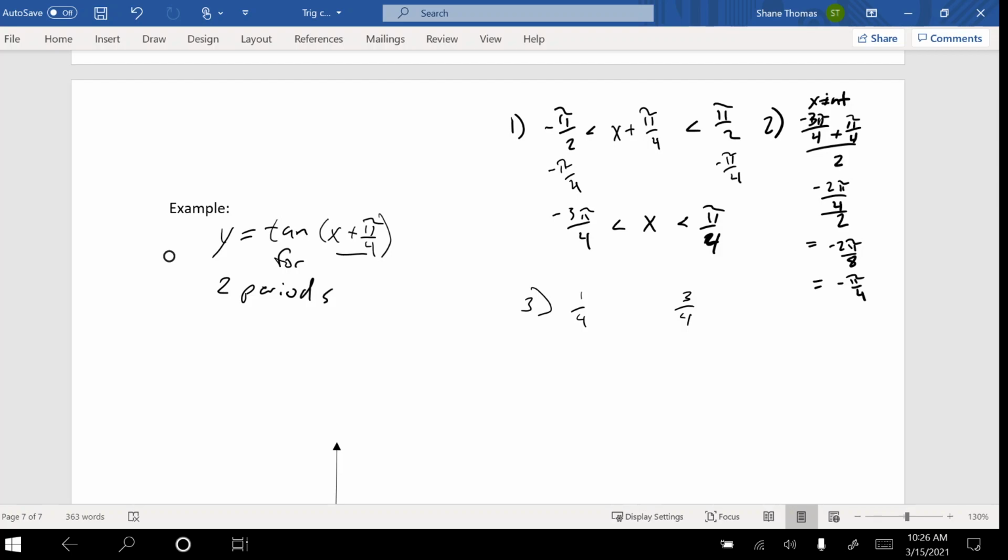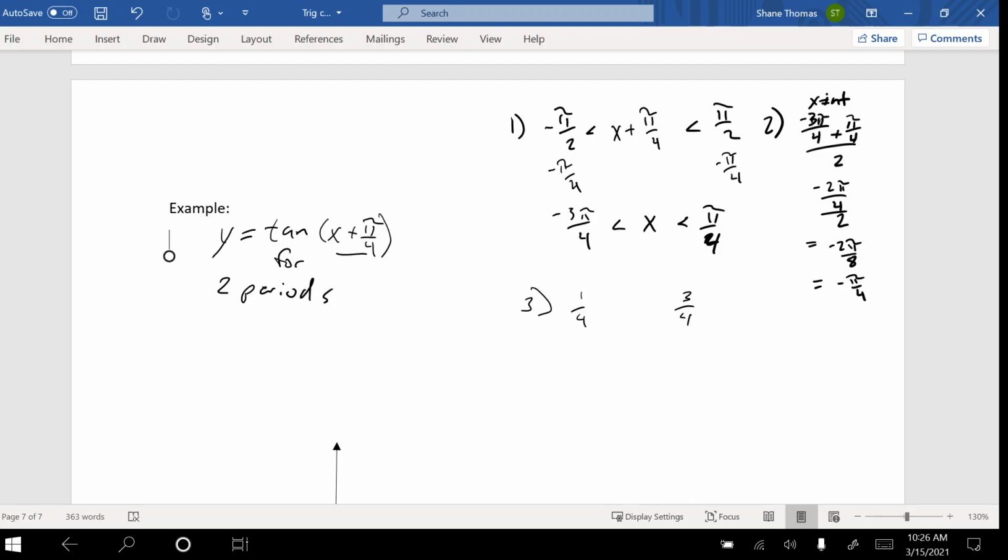Draw this out. I think this helps to see it a little bit. Okay, so if I have negative 3/4 pi, that's my initial. My last one is pi over 4. Halfway between is negative 1/4 pi. These are all in fourths, right? So I'd have another one right here between 1 and 3/4, right? So 2/4 pi would be what? Pi over 2.